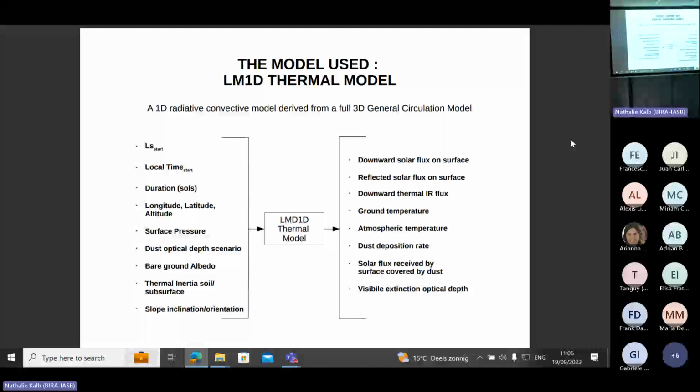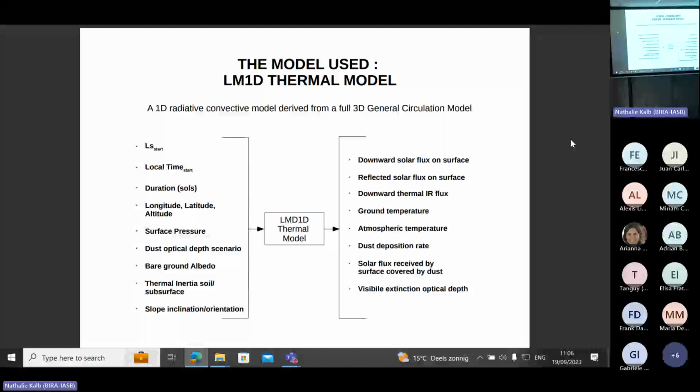And also the dust optical depth: you can choose one value, or you can follow a scenario that I will talk about later. You have several outputs in this model: all fluxes, so solar fluxes and infrared thermal fluxes, and temperature, of course, atmospheric temperature at the altitude that you choose.